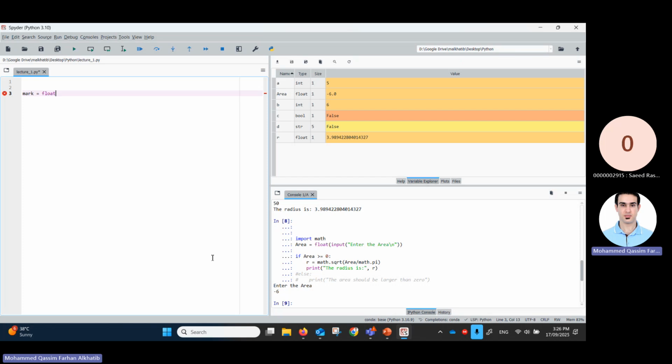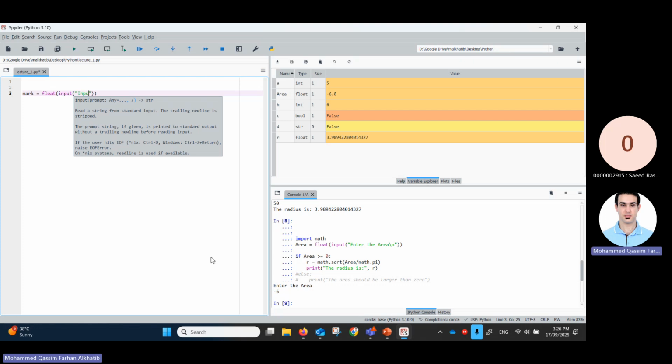Okay, float input the mark. And let's give it a new line. Yeah, sorry for that. So here I put a new line, I put the mark. Now I'm ready to do the check.